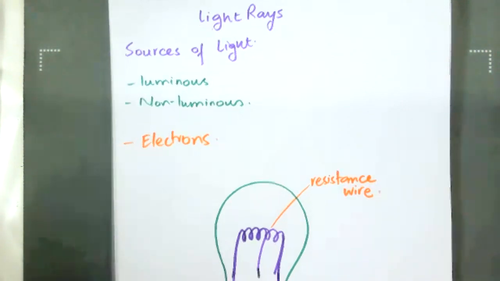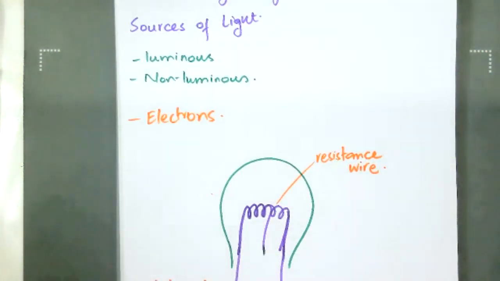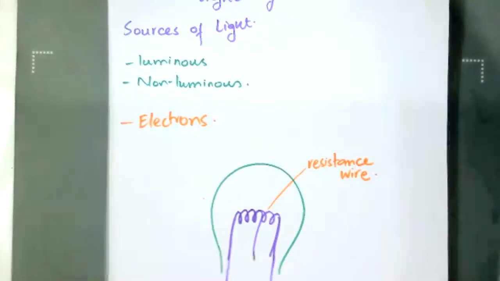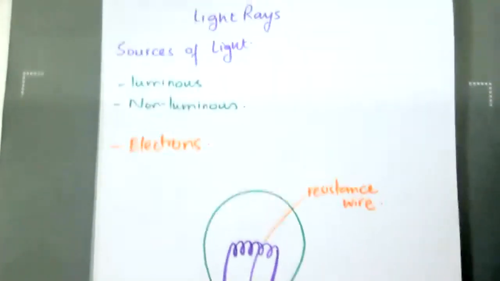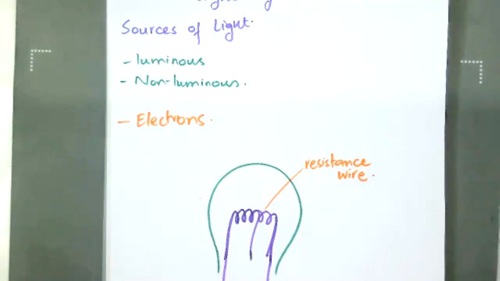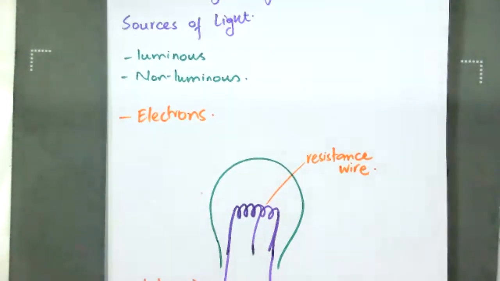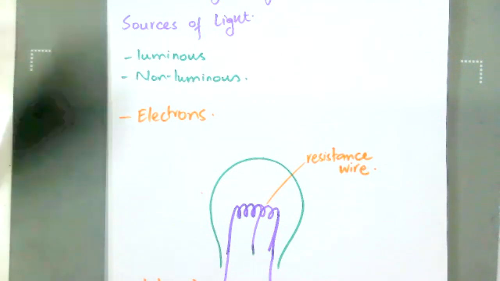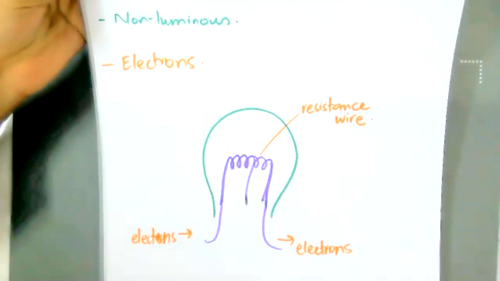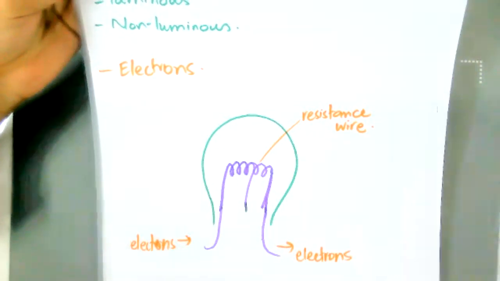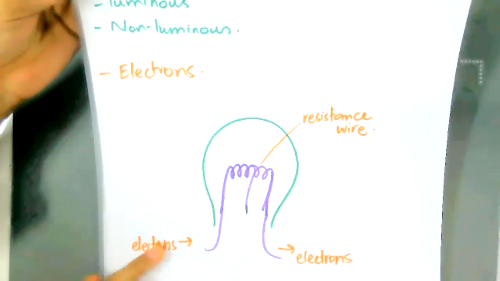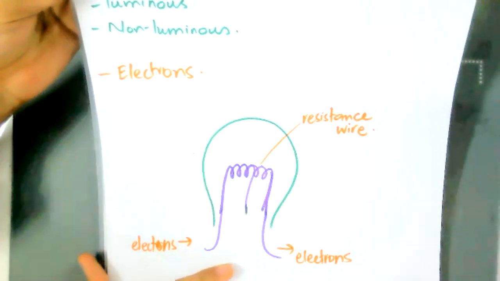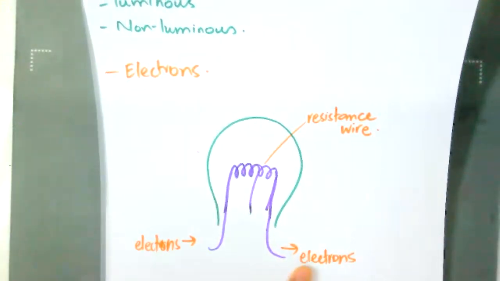The different ways in which sources of light can produce light is by using resistance wires and passing electrons through them. Light is primarily made when atoms get excited, and basically the electrons in the atoms get excited. If we have a bulb over here with a current passing through it, and there's a resistance wire in the bulb, the electrons are coming in from this side and going out from this side.